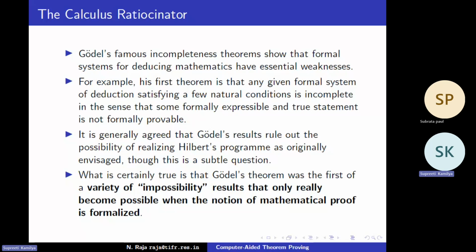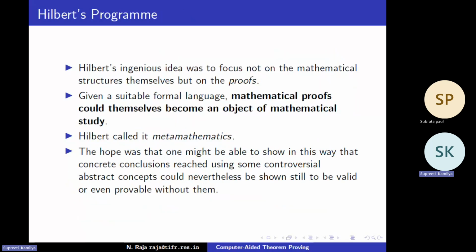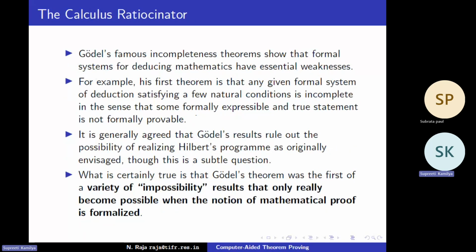What is certainly true is that Gödel's theorem was the first of a variety of impossibility results, which only become possible when the notion of a mathematical proof is formalized. Gödel has written that he could not have come up with these results without having Principia Mathematica before him. Russell and Whitehead completely formalized the way mathematical proofs were written. If you have time, I'm sure your libraries will have this book, Principia Mathematica.